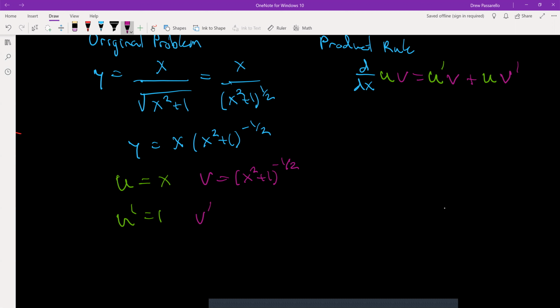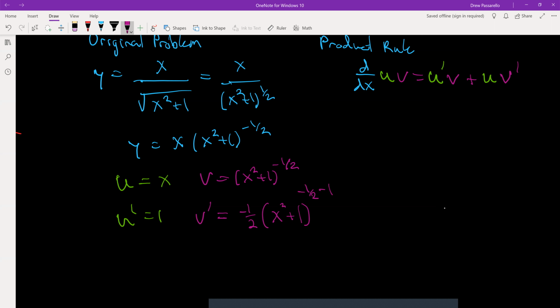So the first thing I do is the outside function is raising something to a negative 1/2 power. So the derivative of that, you drop down the exponent, so it'd be negative 1/2. And then you just write the original inside function over again, x squared plus 1 raised to the negative 1/2 minus 1.